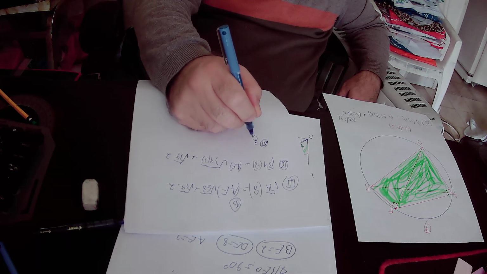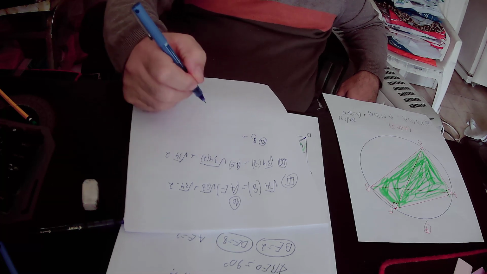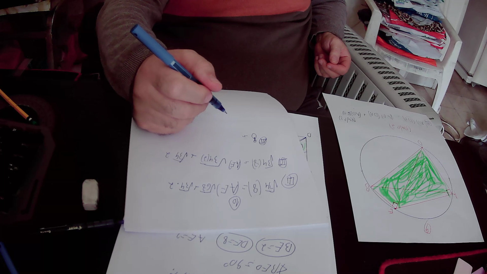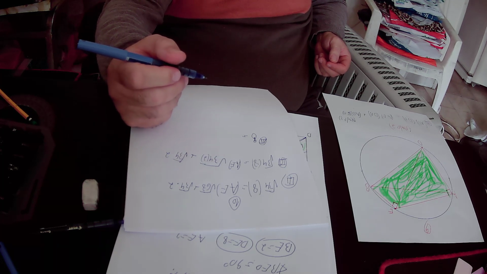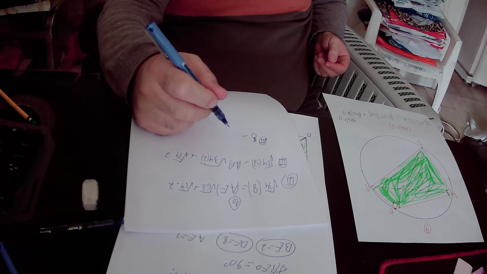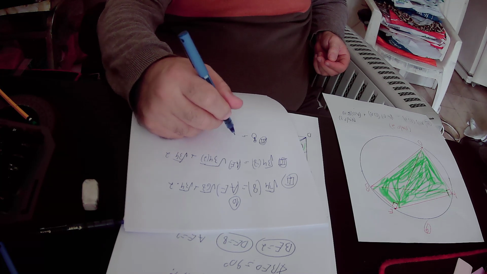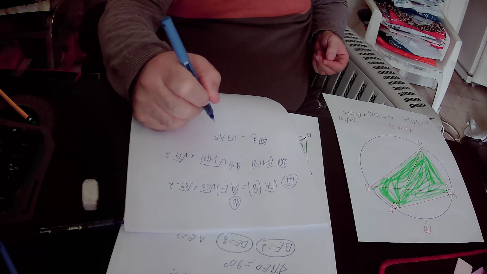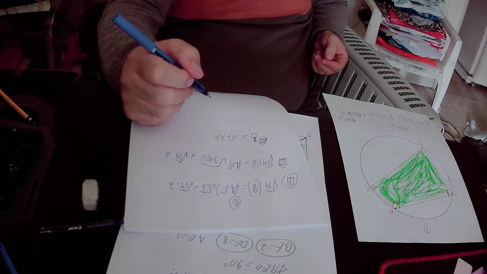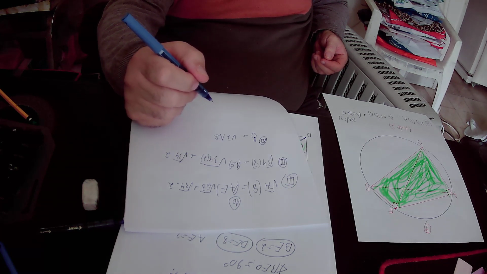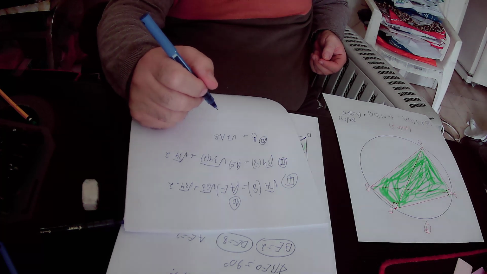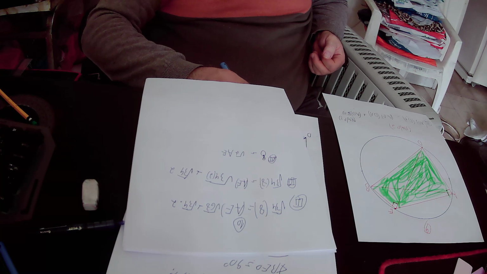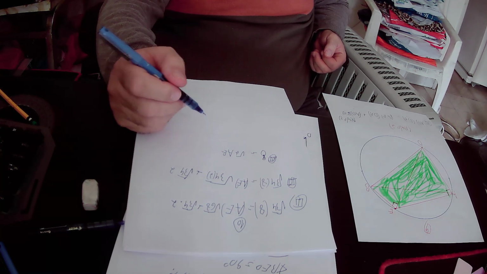8 equals square root of 2 times AE, and we have also 2.